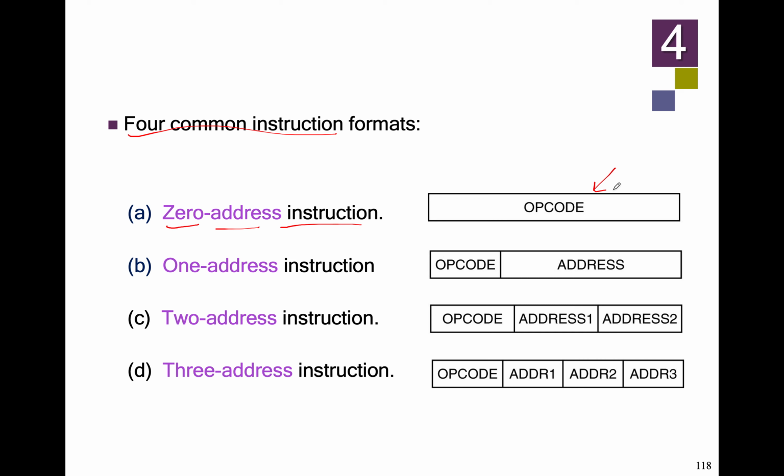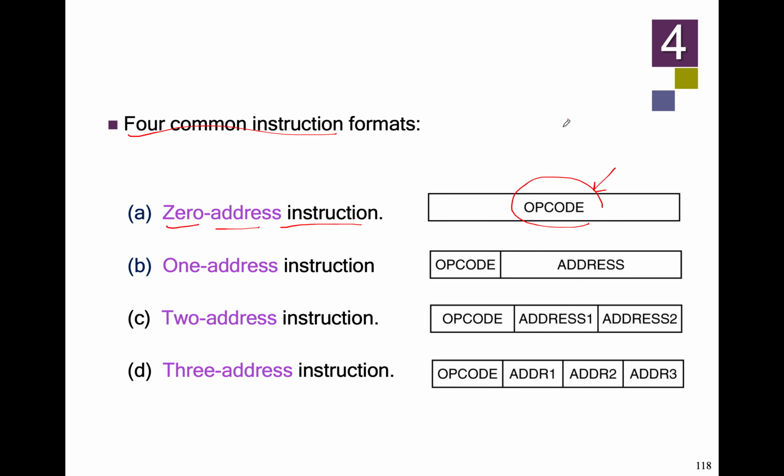What is opcode? I guess it is under 4.2, isn't it? Operation code. Maybe you can look it up again, but you can see if there is no operand at all, it is all opcode.